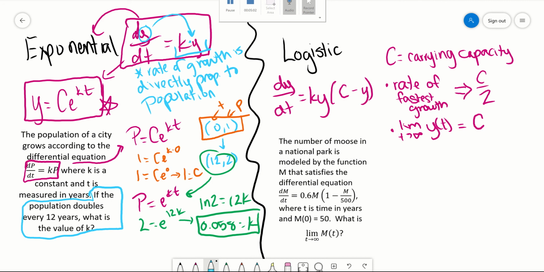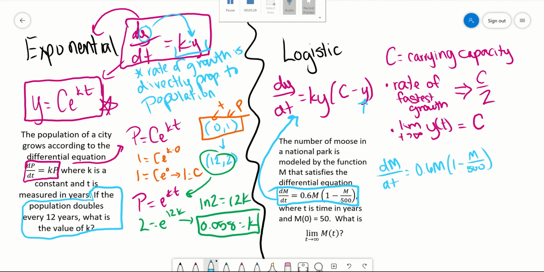So in this problem down here, it says we have a number of moose in a national park. It's modeled by this differential equation. Now the thing is, it looks really similar, but this is not supposed to be divided by anything, and in this case it is. So what we're going to have to do is modify this a little bit. So we are going to factor out that 1 over 500.